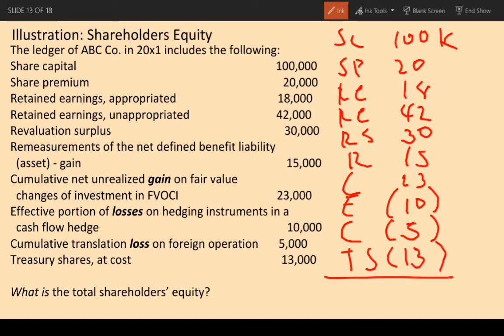So 100,000 plus 20,000 plus 18,000 plus 42,000 plus 30,000 plus 15,000 plus 23,000 minus 10,000 minus 5,000 minus 13,000, ang total shareholders' equity ay 220,000.